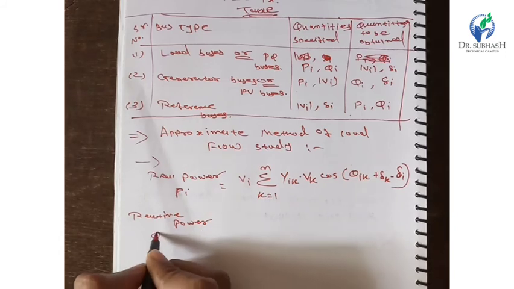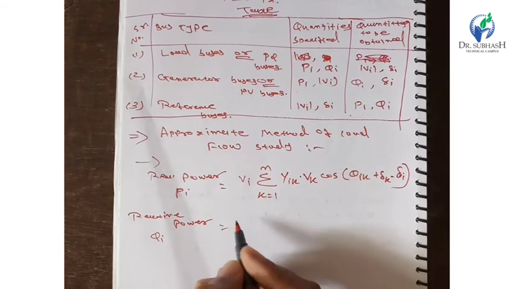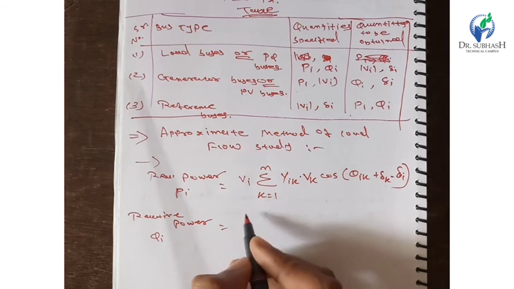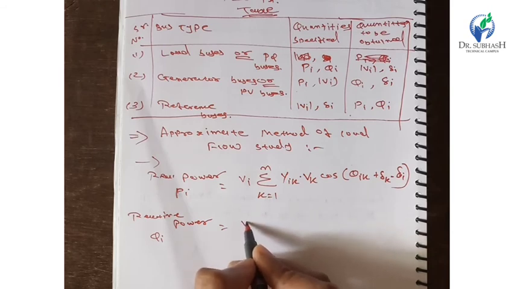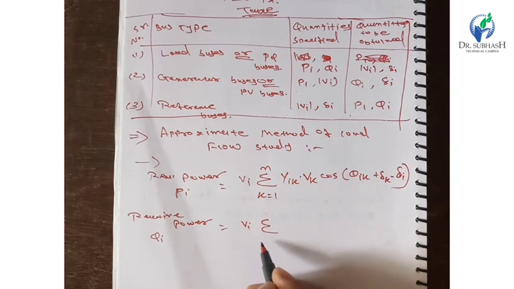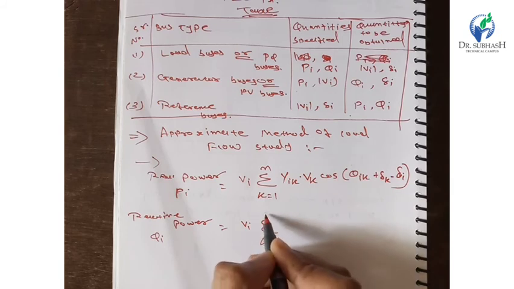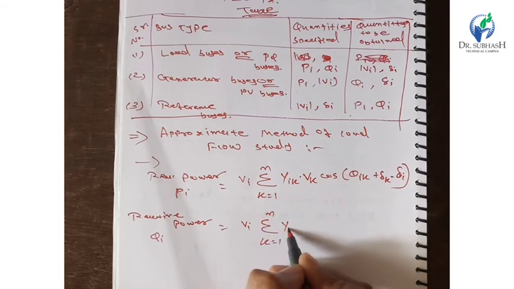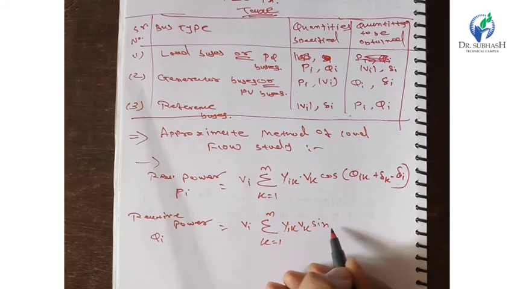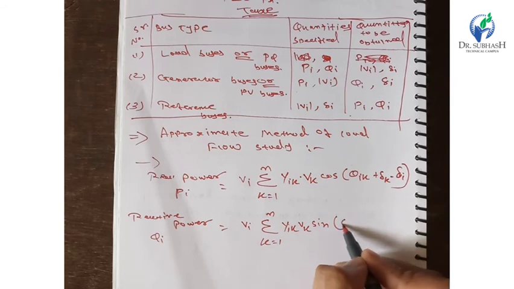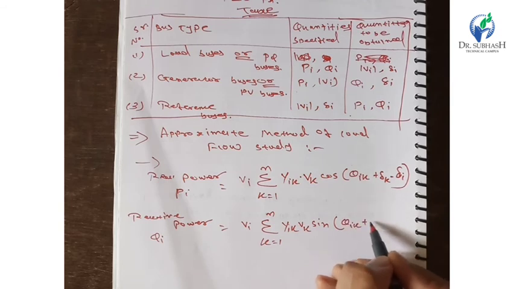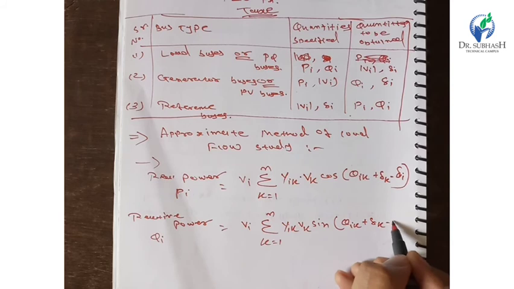And reactive power, the symbol is Qi, and its value is minus Vi sigma k equals 1 up to n, Yik into Vk into sine of the angle theta ik plus delta k minus delta i.